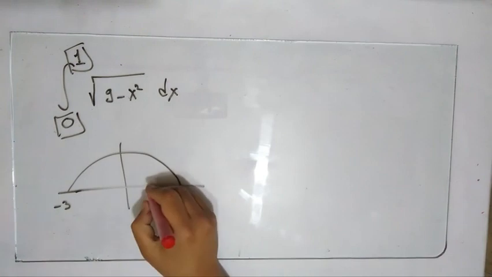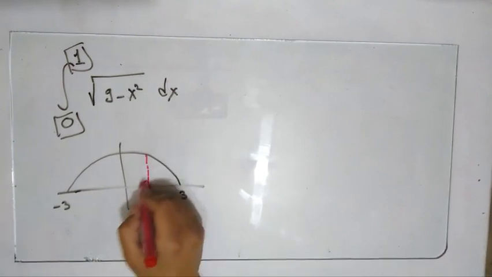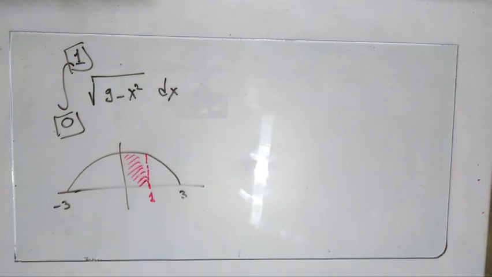So the area from 0 to 1 is this portion of the circle. We don't know how to calculate this portion, because we only know how to calculate the area of a semicircle, a circle, or a regular part of a circle. So we need another method.